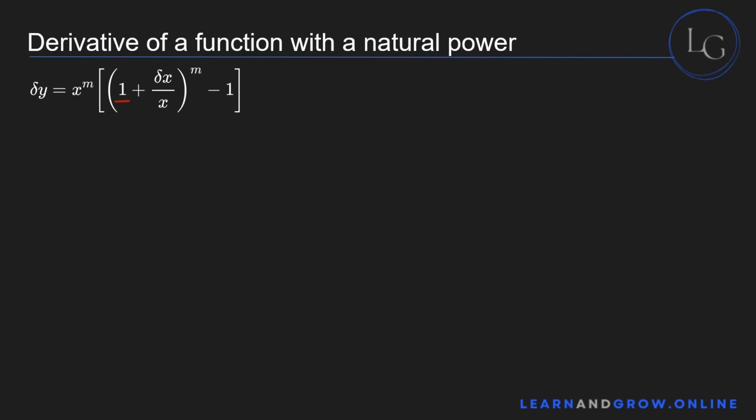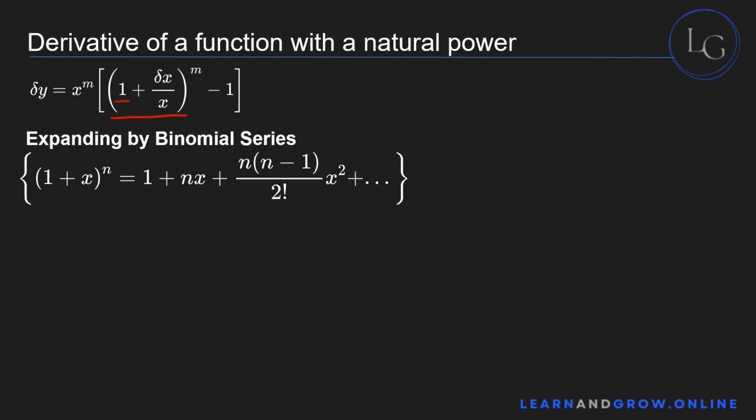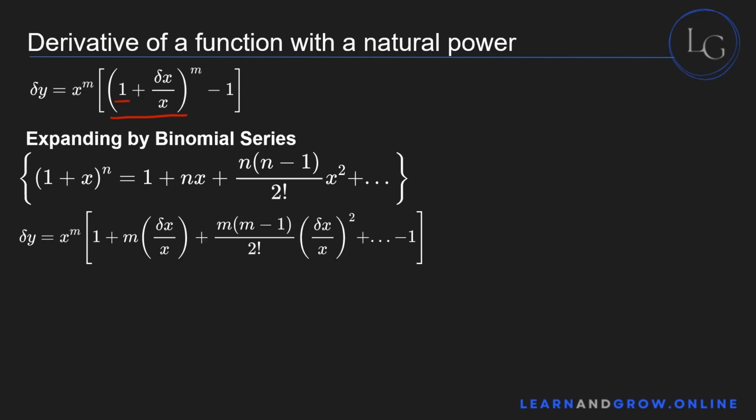And now you'll apply the binomial expansion on this particular expression. So this is the formula for the binomial expansion as we've discussed earlier. And once you apply this formula on this expression over here, it will become this. Now you remember we had this negative 1 over here, so it will basically cancel out with this 1.